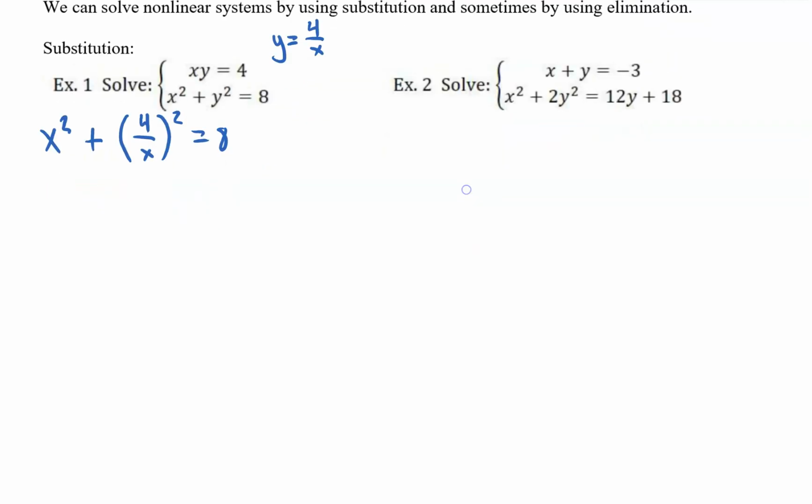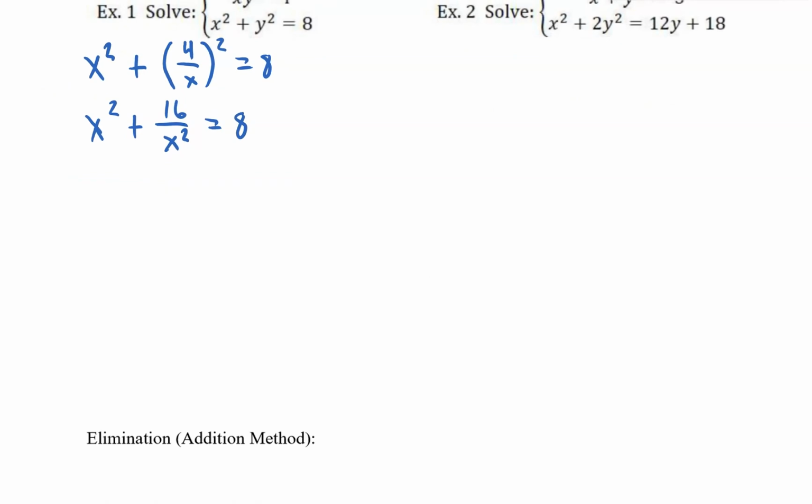So now we have x squared plus 16 over x squared is equal to 8. Now, we've got to figure out how to solve this particular thing. And when you solve it, you want to think in terms of getting rid of your x squared in the denominator of this thing. That's really our goal here.